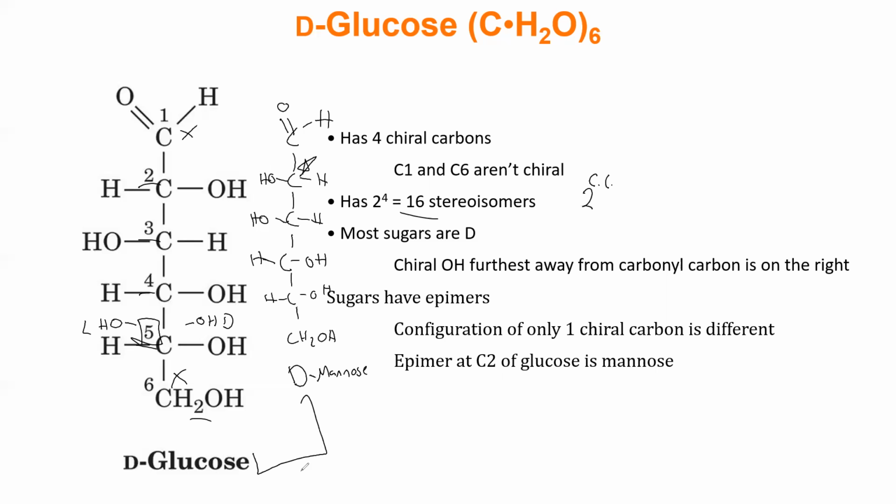So these are stereoisomers of each other, and they are also epimers of each other. Every epimer is a stereoisomer, but not every stereoisomer is an epimer. That's the classification. Epimer is more specific than stereoisomer.